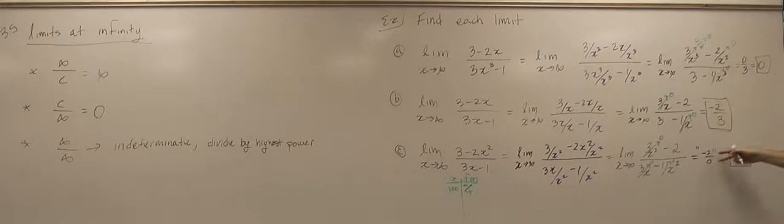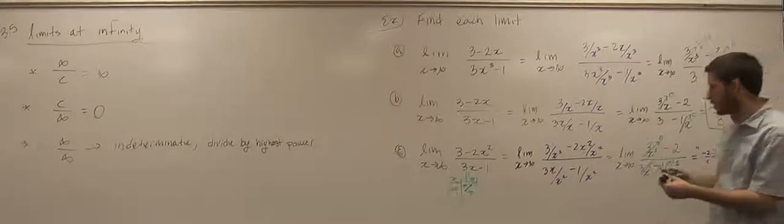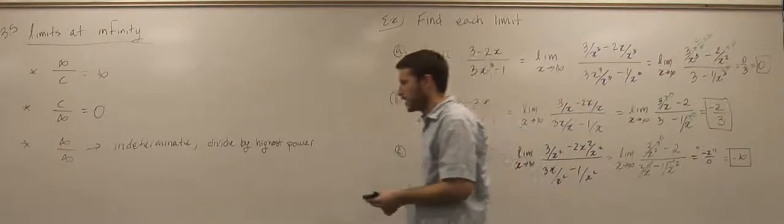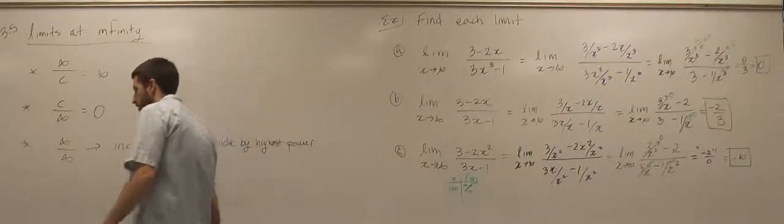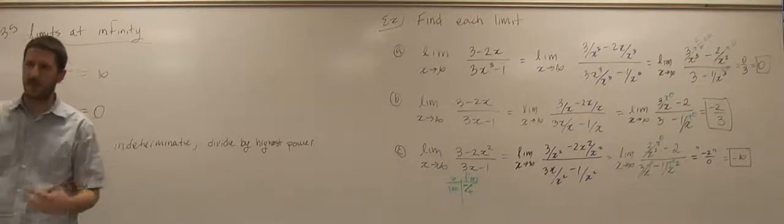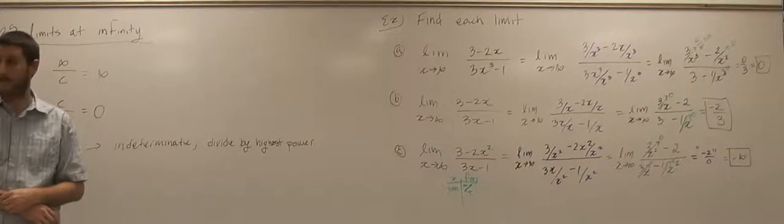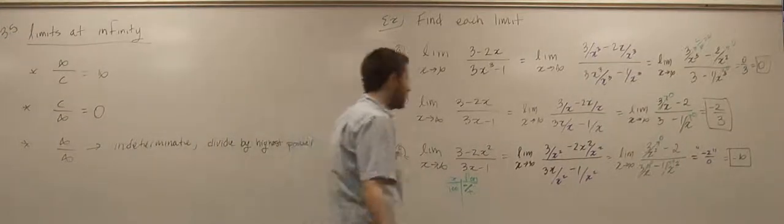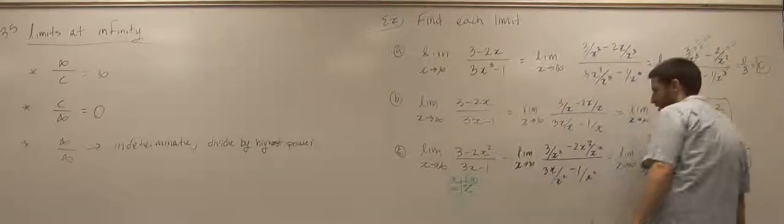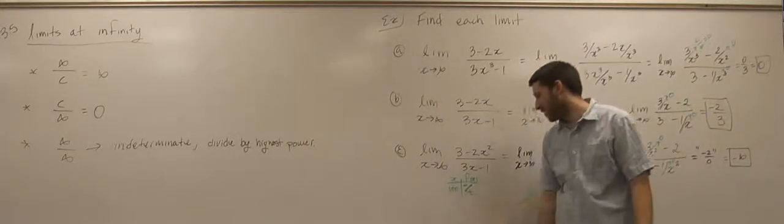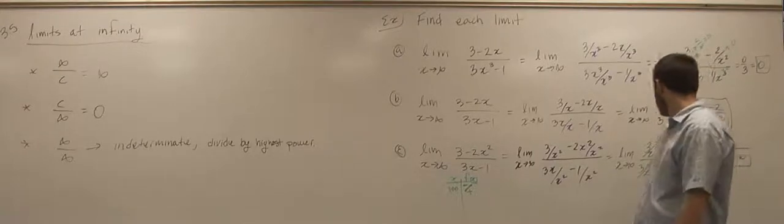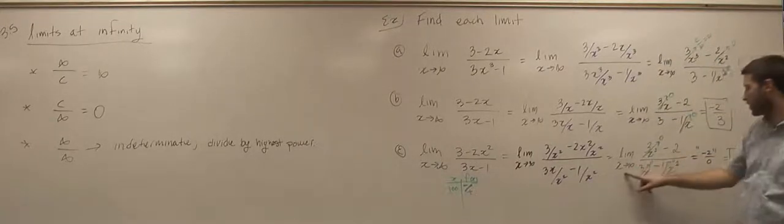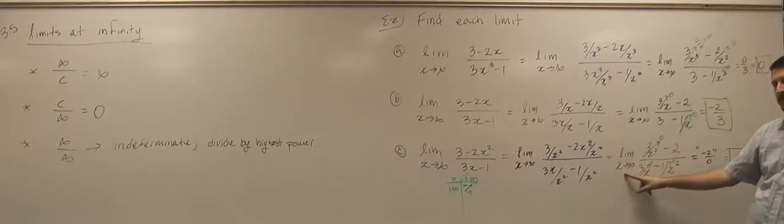So once you get this negative 2 over 0 or positive 2 over 0 or whatever, constant over 0, you still have to make sure you get the right sign. Would the sign of the negative 2 mean that would just be negative? Well, kind of, no, not necessarily, because that has nothing to do with whether this is going to positive or negative infinity.